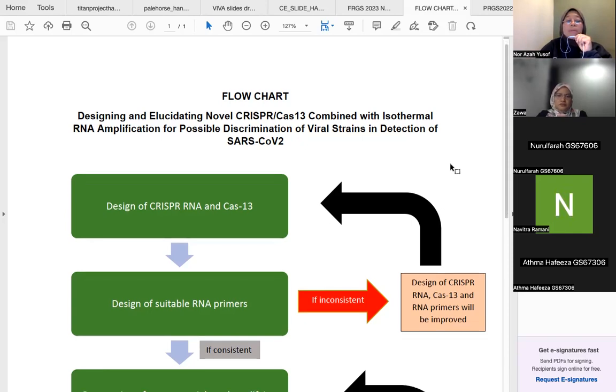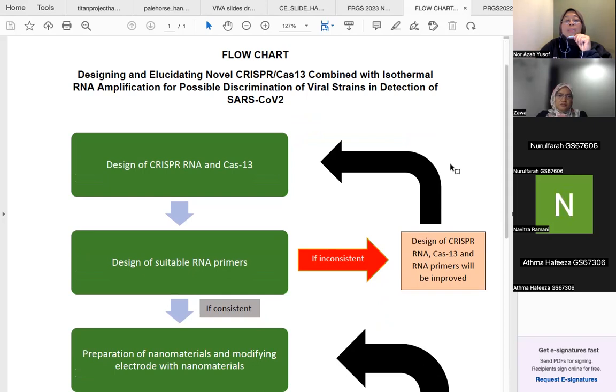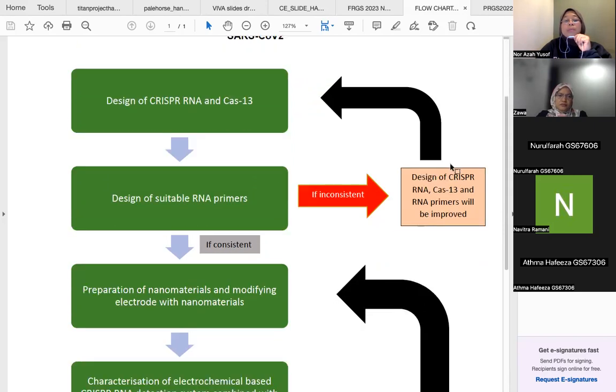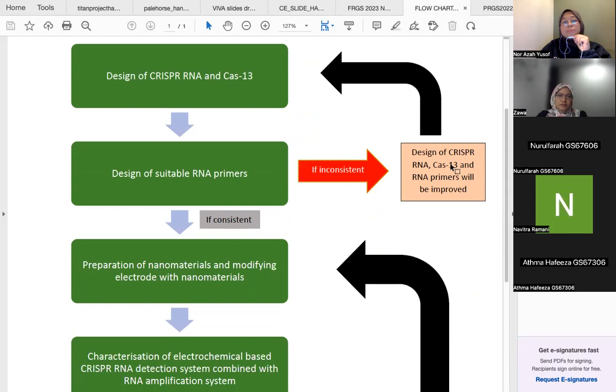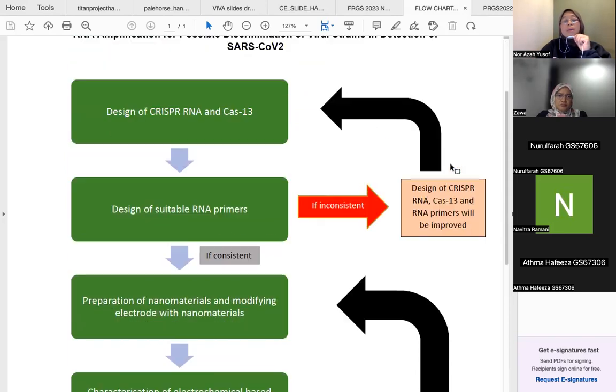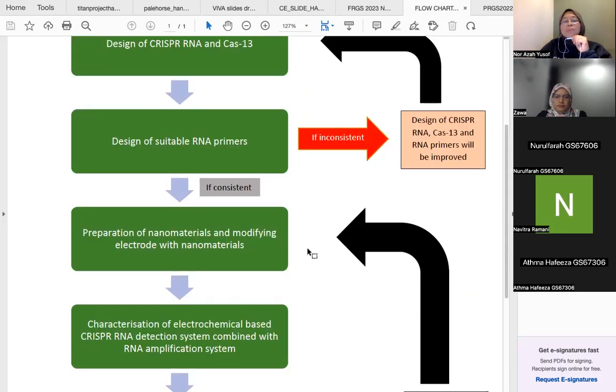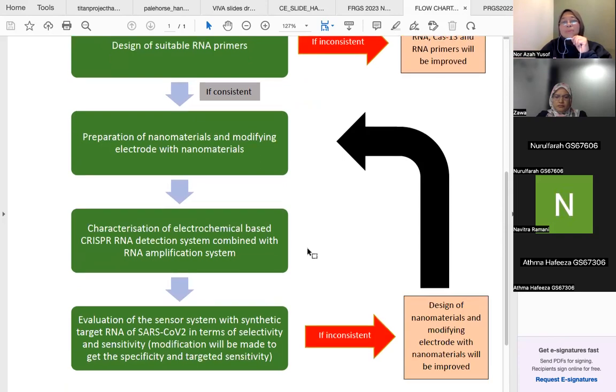If you can design a flow chart showing the whole process of your research, let's say you can see here, if inconsistent, meaning it fails or is not up to standard, then you have to repeat the steps. If it is consistent, then you go forward. I'm not good at designing flow charts, but it is required. It is very good if you can practice writing flow charts.